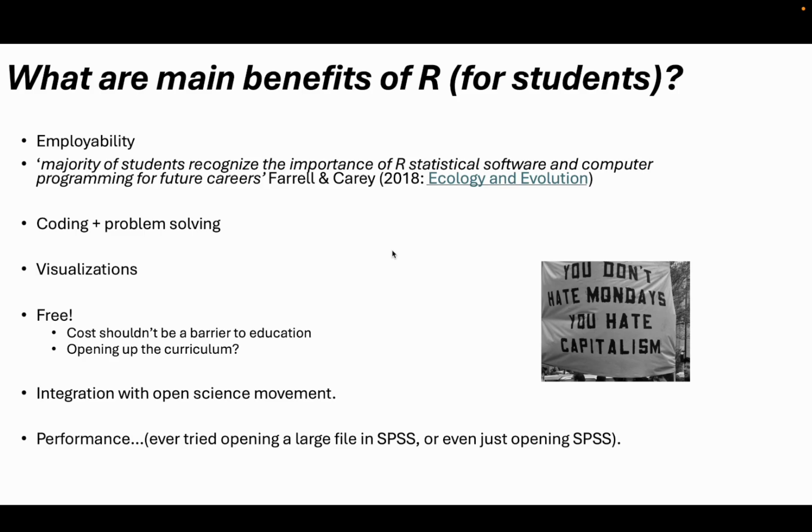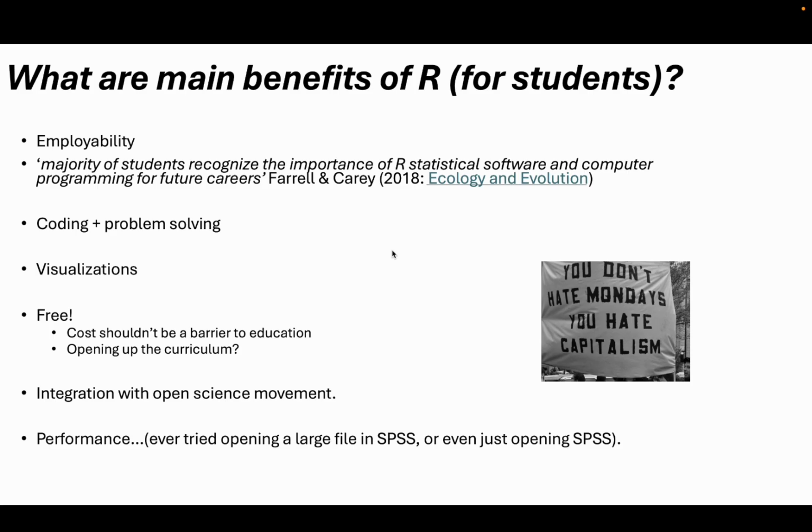Then by continuing to teach SPSS, we're not helping students' employability. And there's a nice quote here from, not from psychology for a change, but from ecology, that the majority of students recognise the importance of using our statistical software and computer programming for their future careers. So the students are aware that R will help their employability skills.